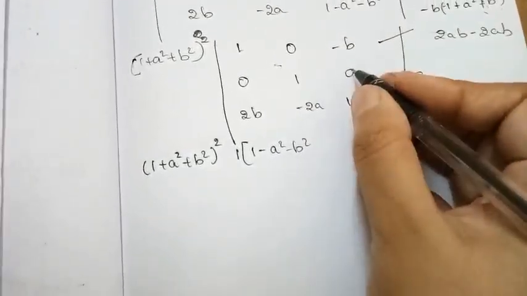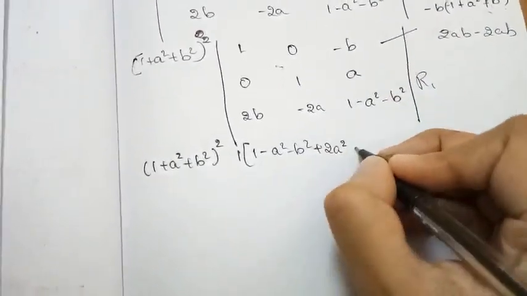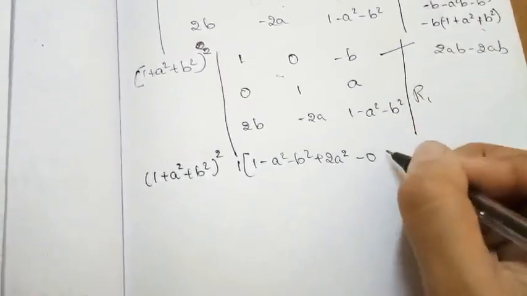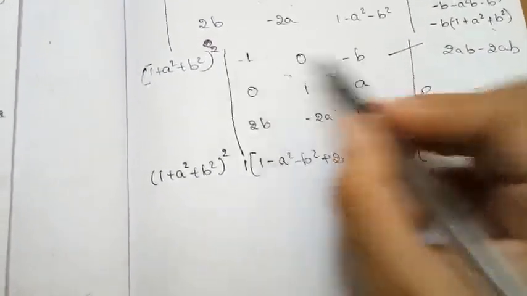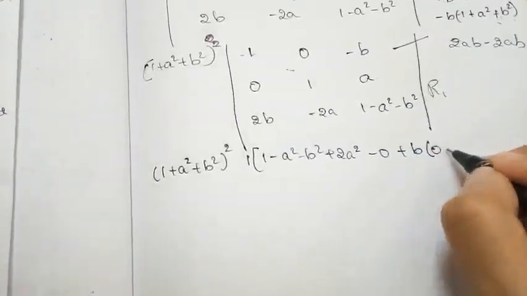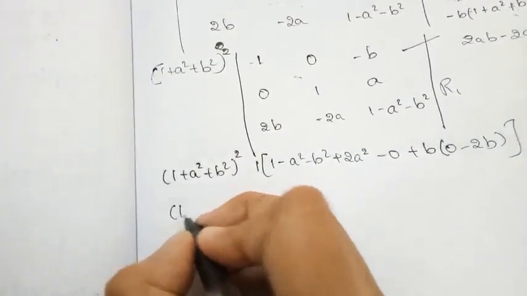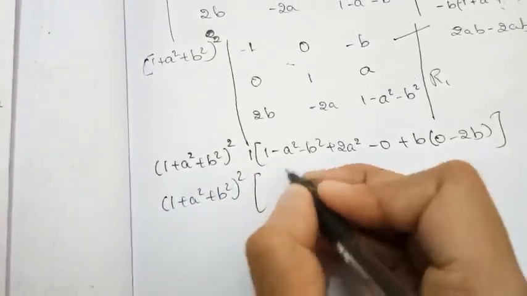This one 2a minus 2a square, minus into minus plus 2a square minus 0. Again here minus into minus plus b. Deleting this row and this column, here this one is 0, and what happens? 0 minus 2b. Okay, this is the expansion of that determinant. So 1 plus a square plus b square whole square, what and all here?